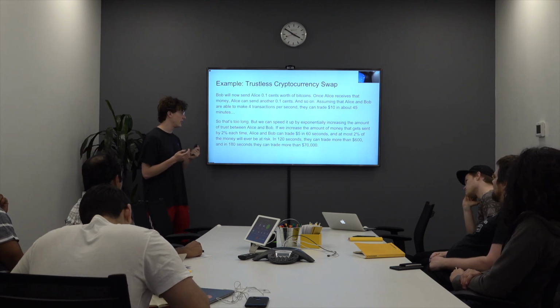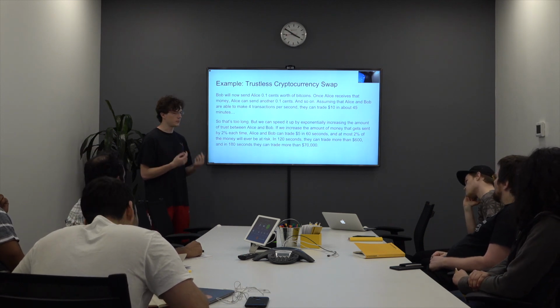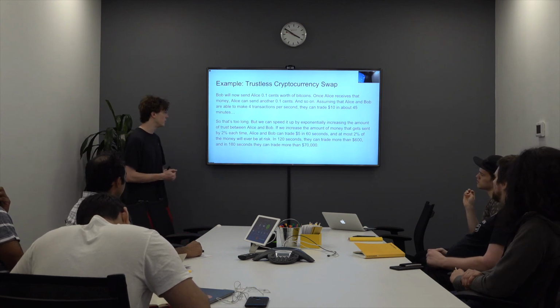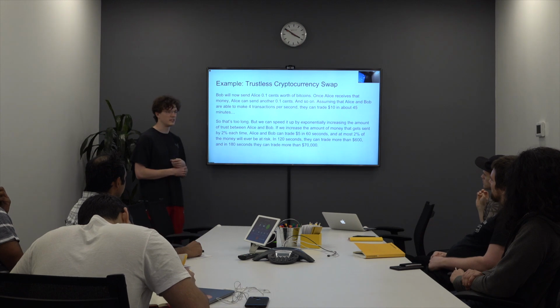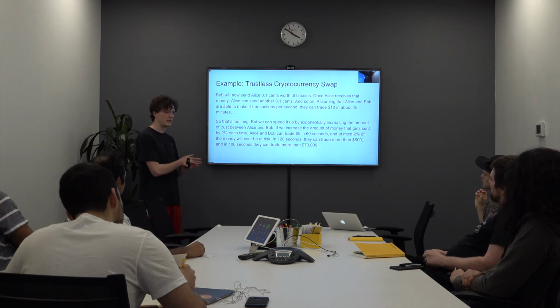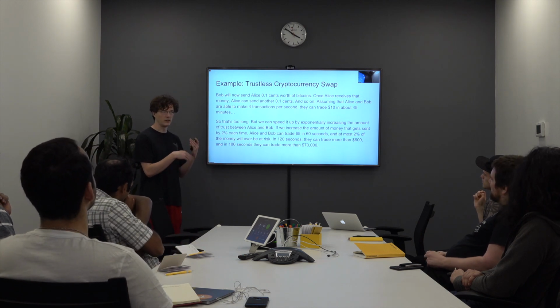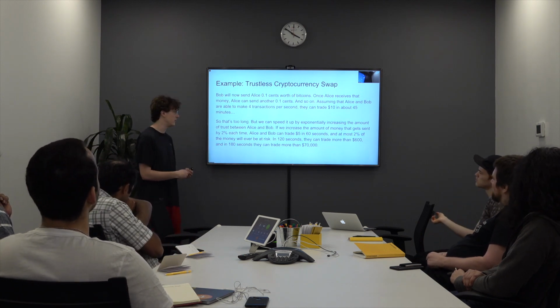But also we can use an exponential function to actually speed things up a lot. Instead of sending 0.1 cents every trip, we send the amount we sent last time times 1.02. We increase it by 2% every iteration.